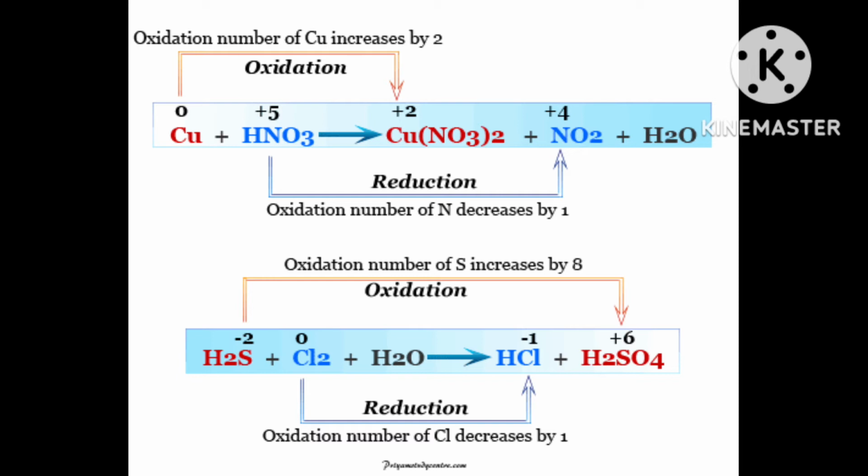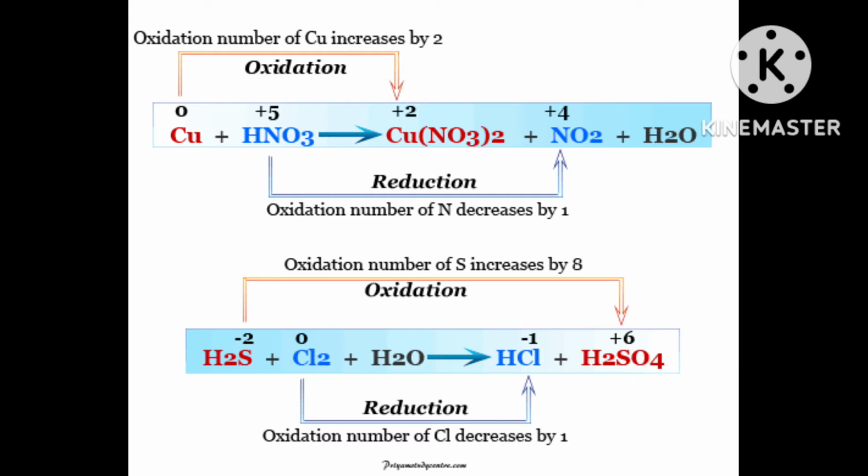Now, by writing 3, you can check what is happening to the total positive and total negative. At least one should be equal. After writing the coefficient, you can see its effect on the charge. Again you count the positive charge. Total chromium is plus 12, already calculated.